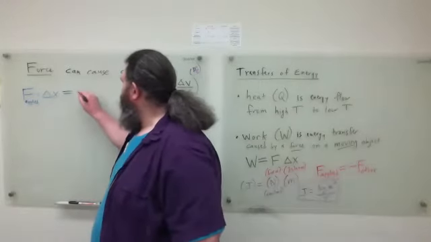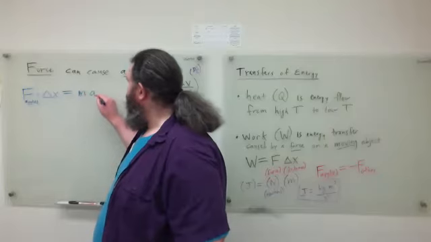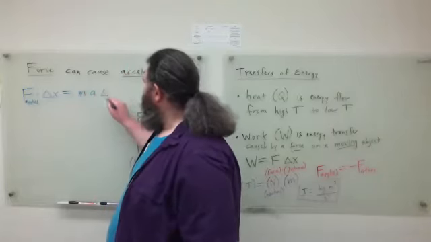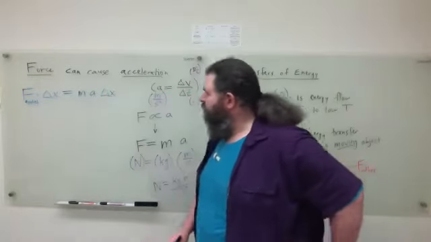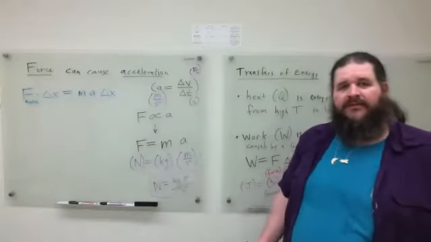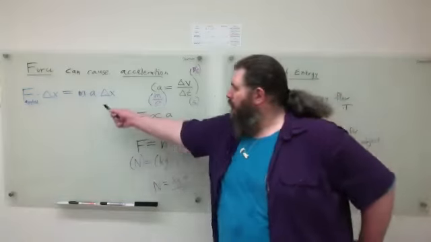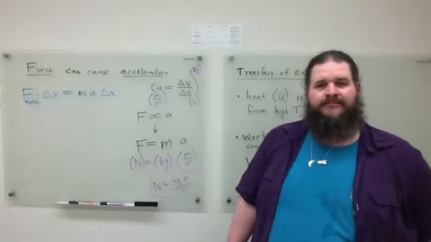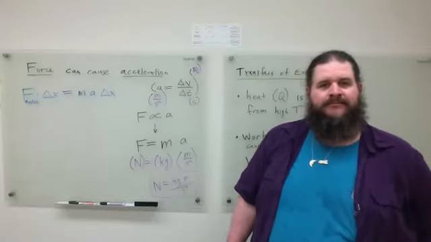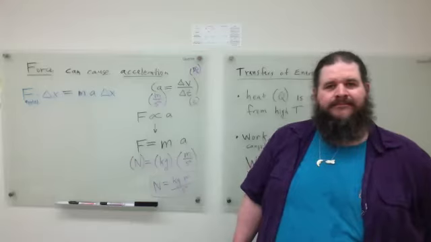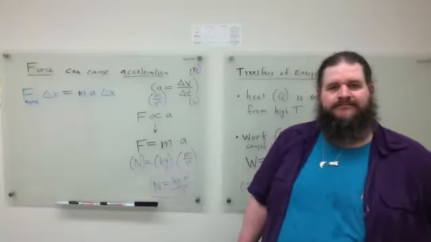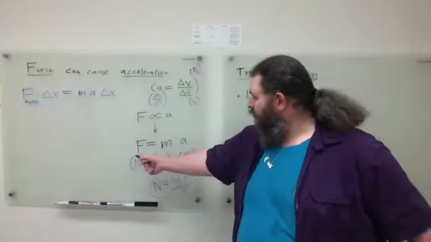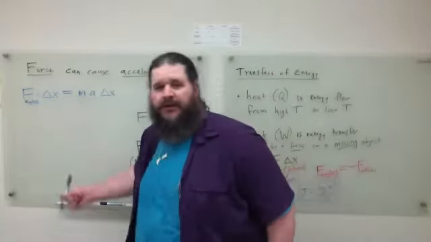Force can be written as mass times acceleration times delta x. Just making the substitution. But also, what is acceleration equal to? Acceleration is equal to force over mass, but that'll just put us back to where we started.